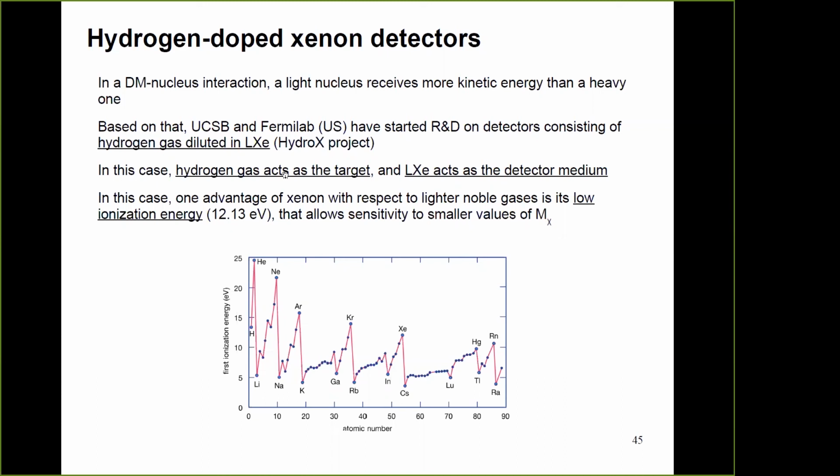But on the other hand, xenon has, as you can see here, a lower ionization energy, and we know it very well and it has very good detection properties. So the idea is to use the hydrogen gas diluted as a target, and then the liquid xenon as the detector medium. And that's why this doping, this mixture of these two elements.